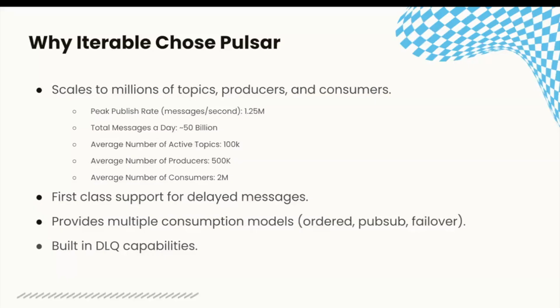Like we said, first class support for delayed messages, multiple consumption models. For the most part, we only use shared consumers, but having those other models and modes for the consumers is obviously very helpful for certain cases. And then the last one is built-in DLQ capabilities, especially for us on our outbound sends. We use a lot of ESP and sending providers, Twilio, Telnyx, those sorts of providers.